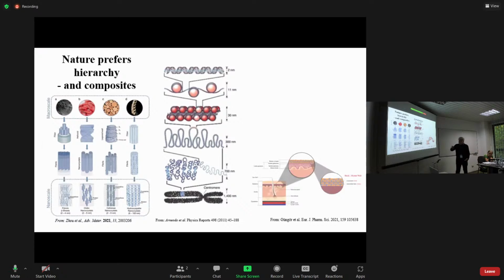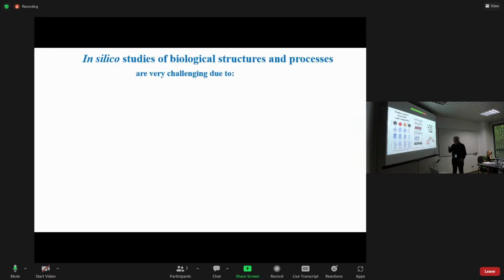This is a piece of our skin, which also can be seen as a hierarchical structure, and it can be modeled as well. So all these structures are really ideal for hierarchical multiscale modeling. So now I should say something about multiscale modeling.